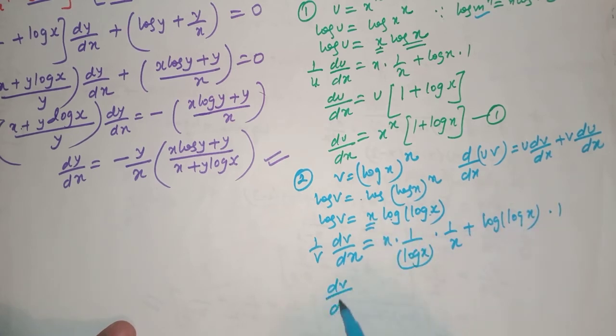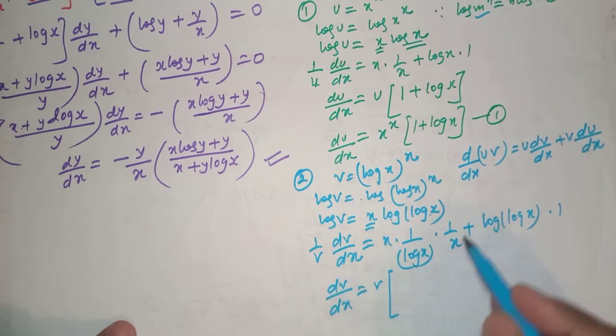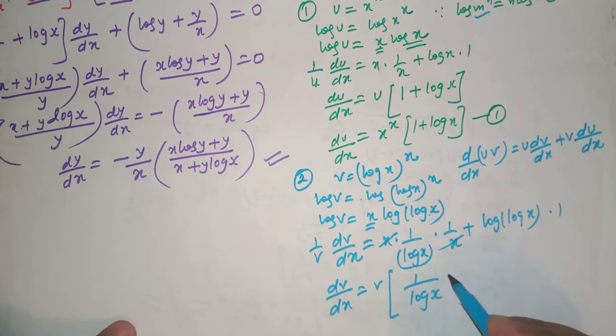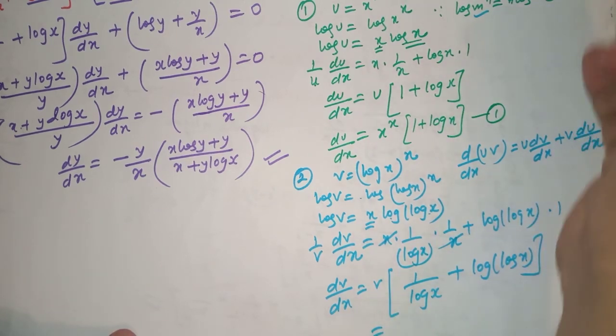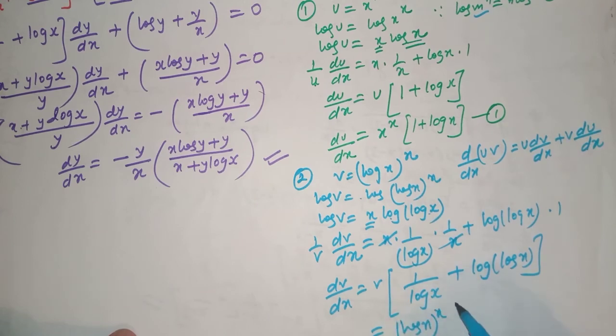So for dv by dx, we'll take v to this side, so we'll have v, the x gets cancelled, 1 over log x plus log of log x. Now we'll substitute the value of v as (log x) raised to x. So this is (log x) raised to x times 1 over log x plus log of log x.